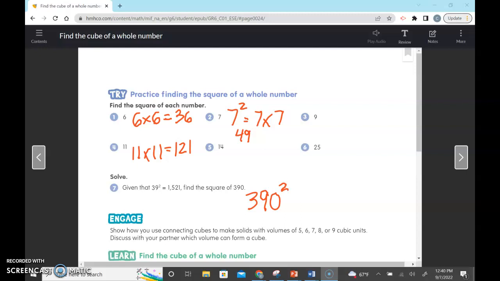Because of that, we can see a 0 is added to the 390. So all we need to do for that is just take that 1,521 and add 2 zeros to it. We don't have to go through the whole entire process again. So we just have 152,100 for the square of 390.